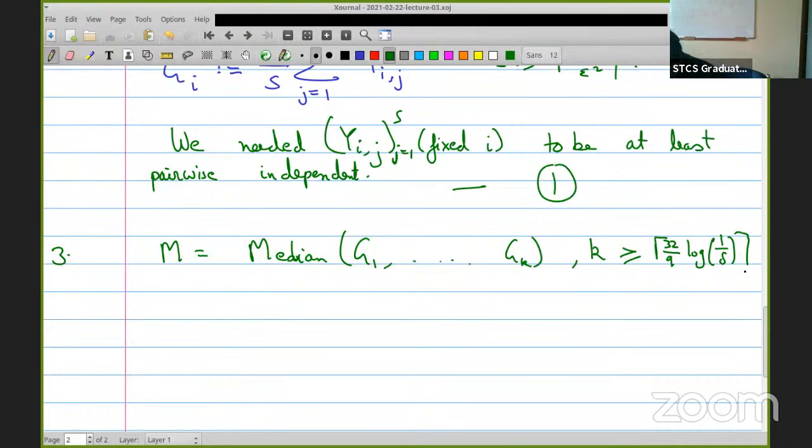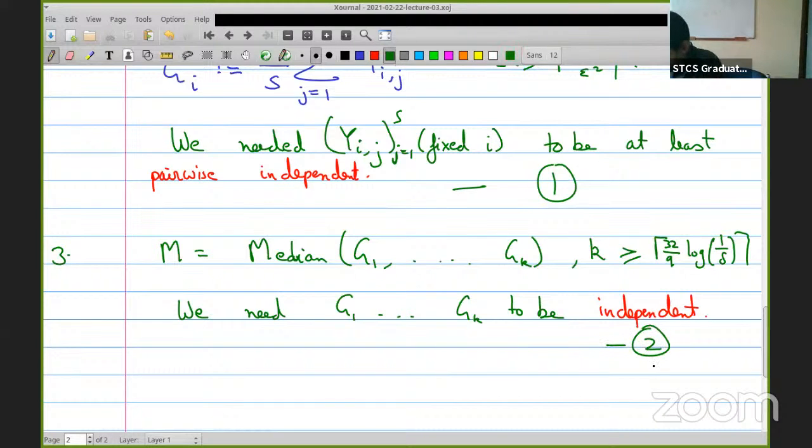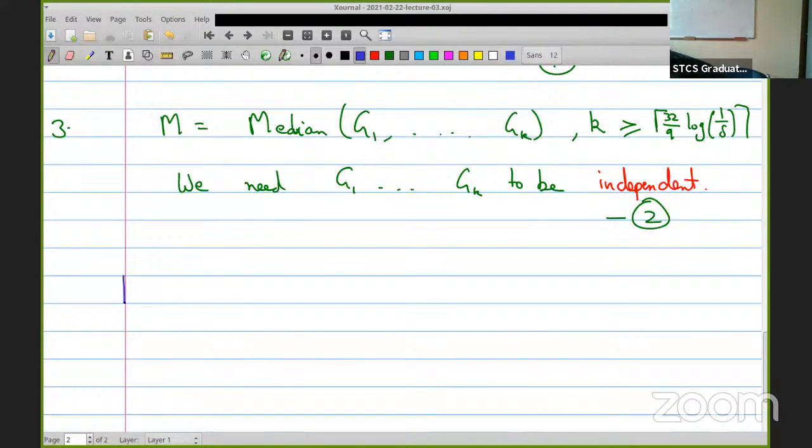And again at this time we need g1 to gk to be fully independent. So this is the second requirement, and both 1 and 2 are fulfilled.